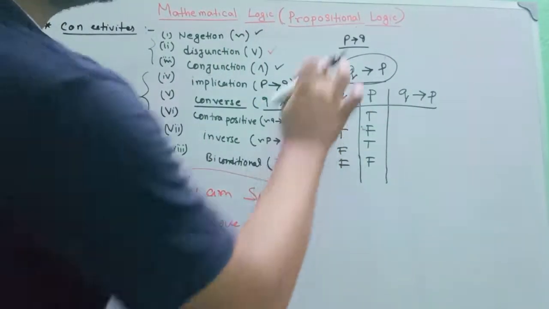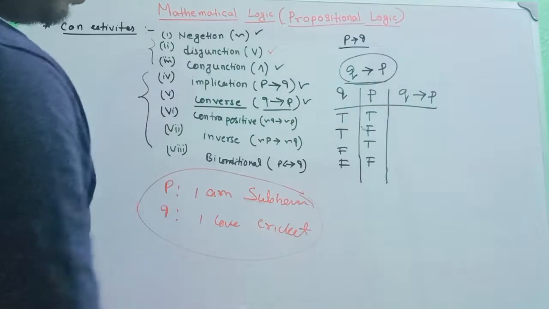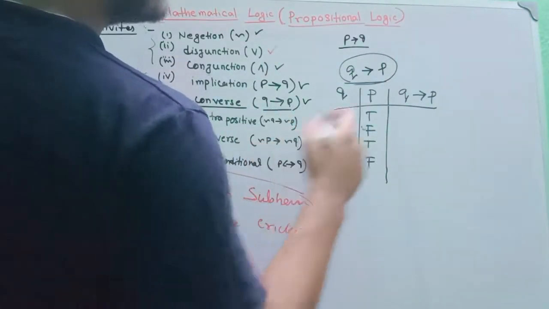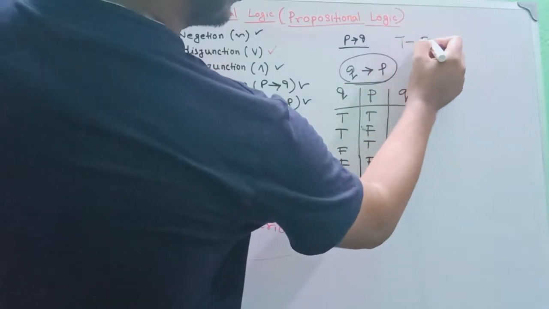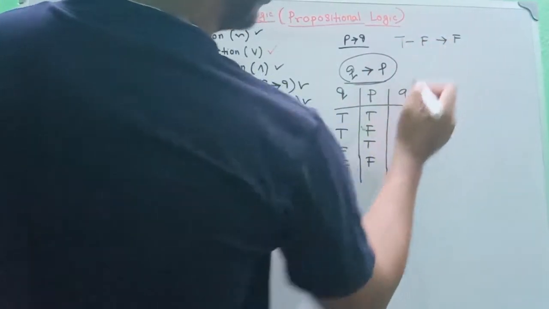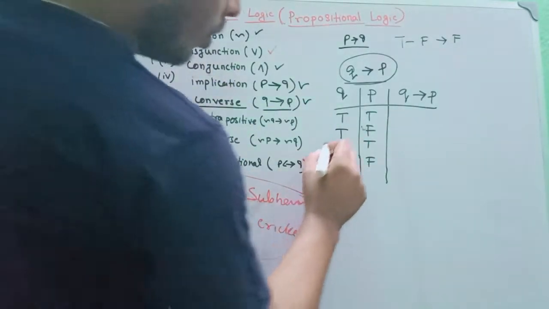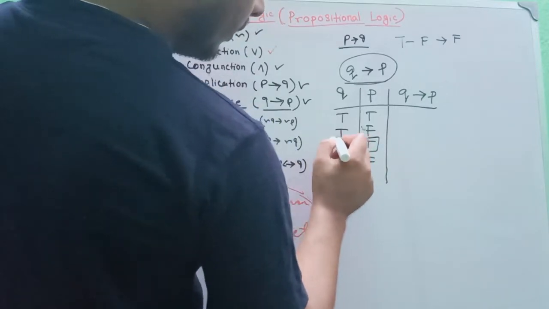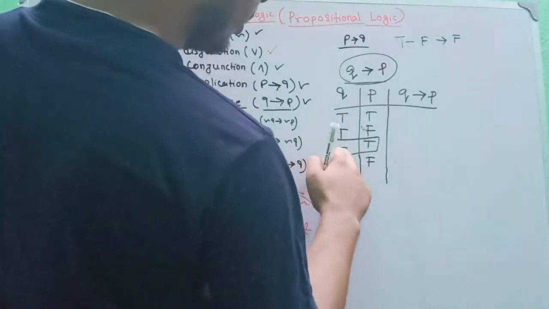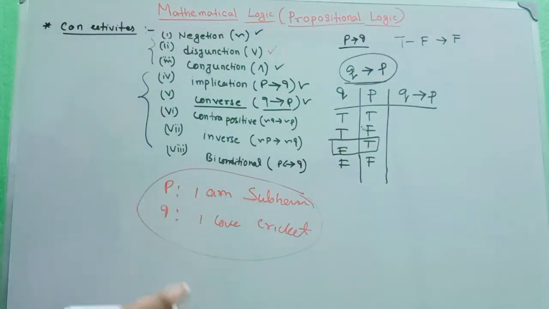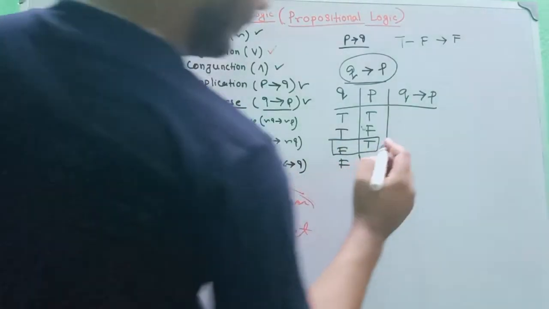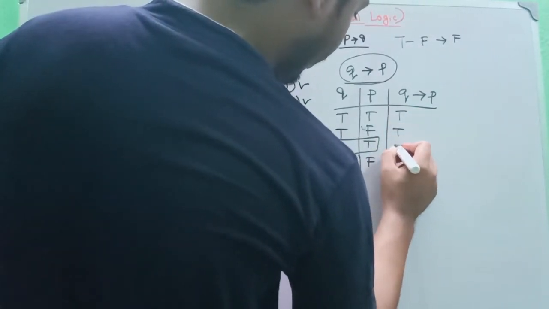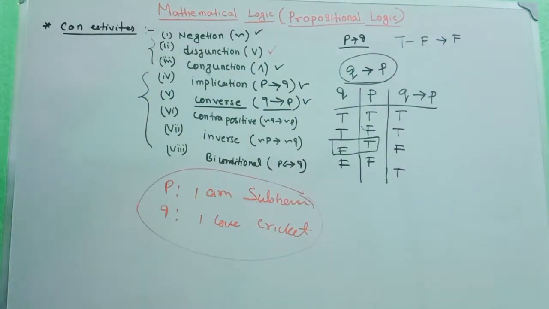In implication, P implies Q, but here Q implies P. In implication, when true and false come, the result will be false. Here only if false and true come, then the result will be false.